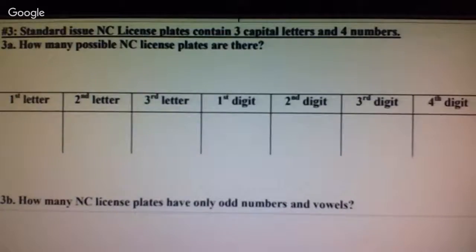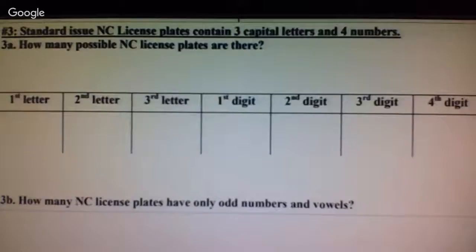You're going to be able to tell me how many license plates are in the state of North Carolina. Now, I don't know, but we're going to find it out. Then you'll know. Okay? We're only concerned with the regular license plates. We're not concerned with the funny ones that say, like, bummer or FYB.